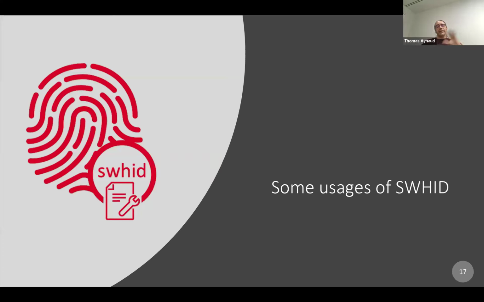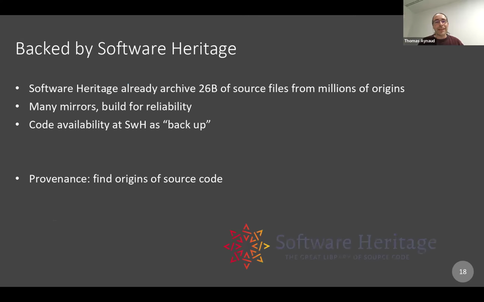So we can see some usages of the SWHID. Of course, it's still a bit connected to the Software Heritage, but if you have a SWHID, you are backed by the Software Heritage. Software Heritage has already archived 26 billion source files for millions of origins. We have many mirrors of the Software Heritage.